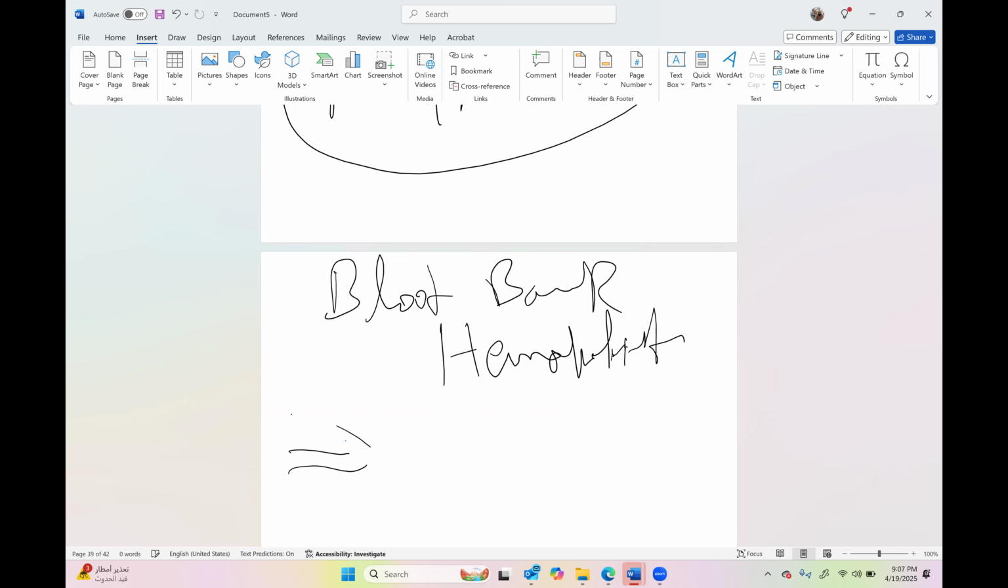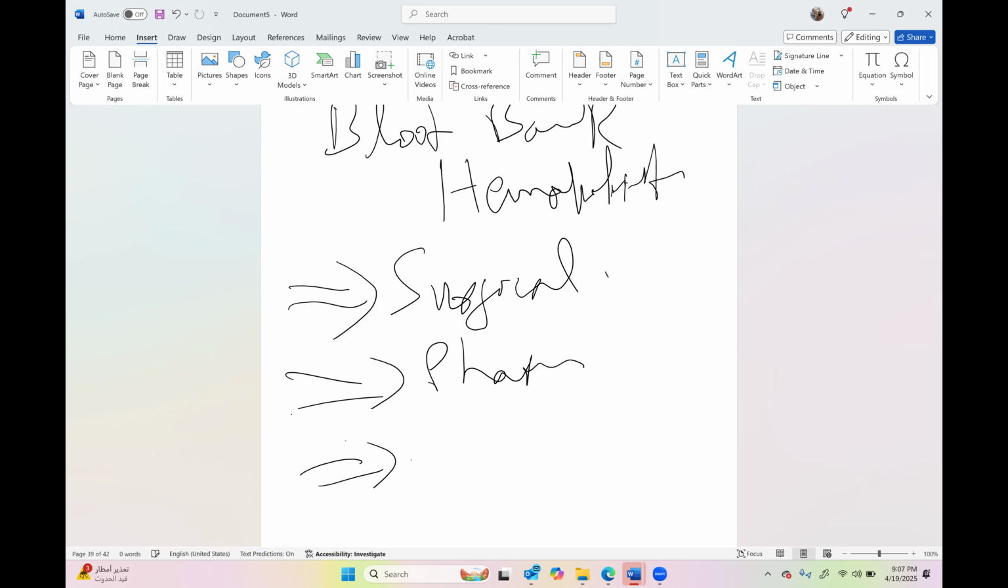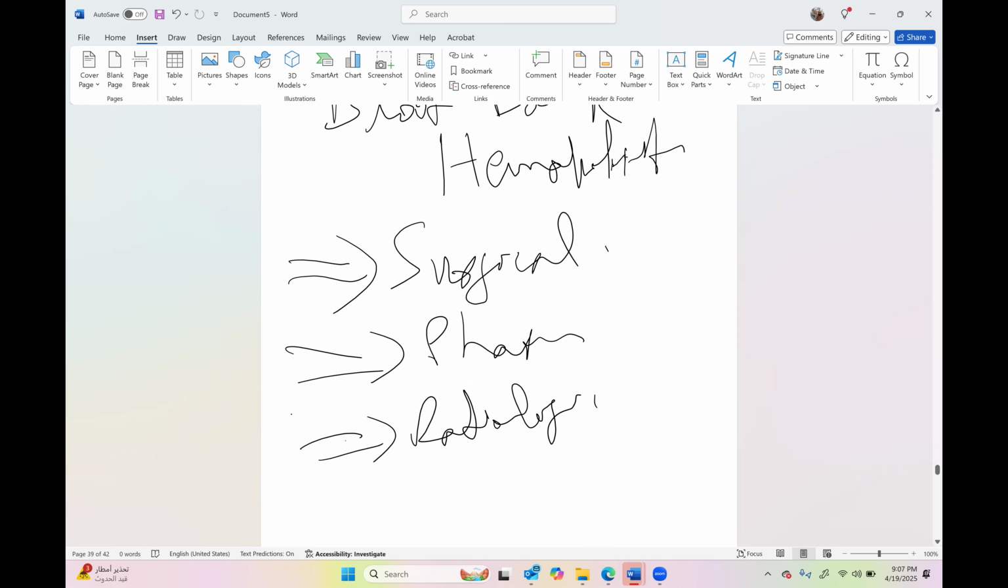And now there will be some surgical maneuvers, some pharmacological maneuvers, and radiological ones. And in surgical, what will be the surgical options?